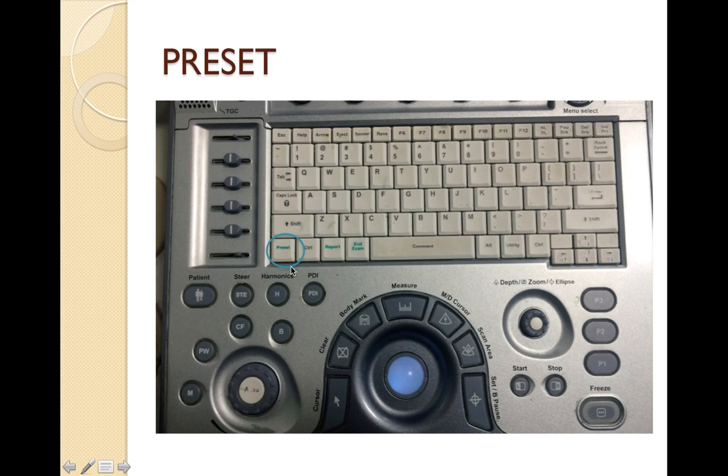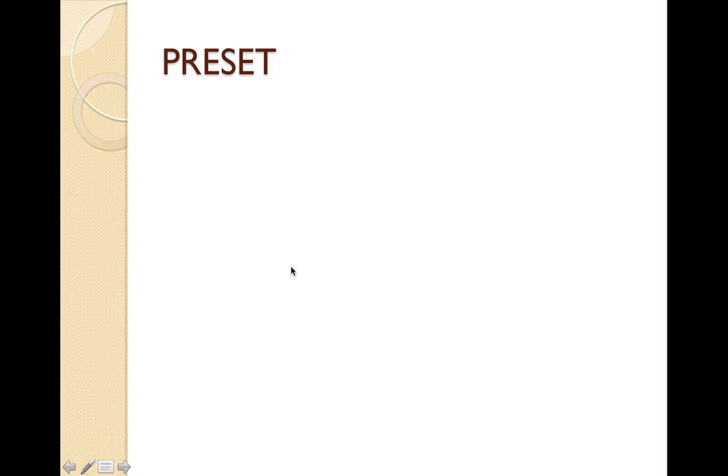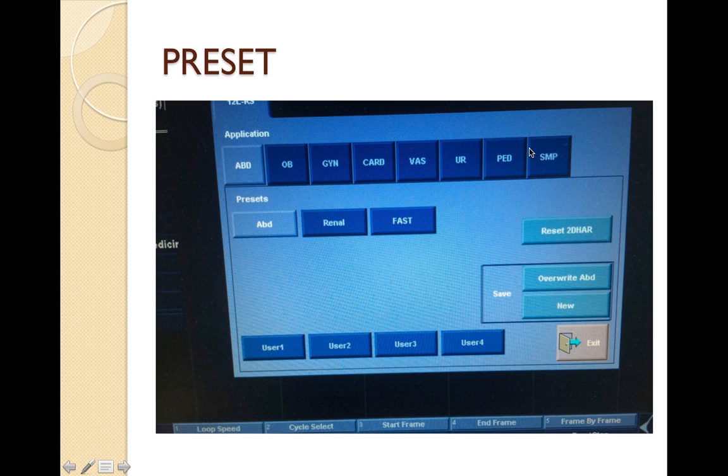You can see it. Now, when you press the preset mode, you will find various applications like abdomen, obstetric, gynec, cardiac, vascular, urology, pediatric, small parts, etc. You have to select one of them. For nerve block, we have to select SMP.